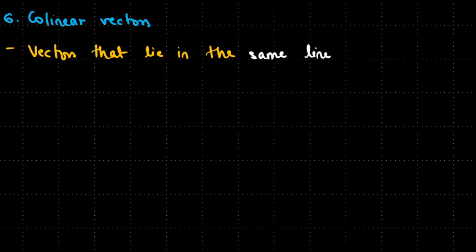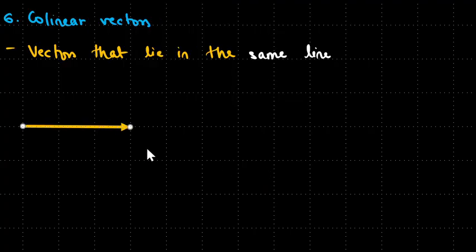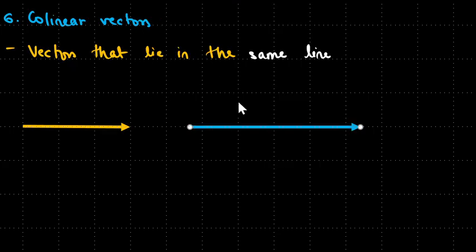So let's just take two vectors. Let's take this vector right over here and keep it on this line. And take another vector. Let's make it a little bit bigger so that they are not the same size. They can be the same size; I'm just making them not the same size.